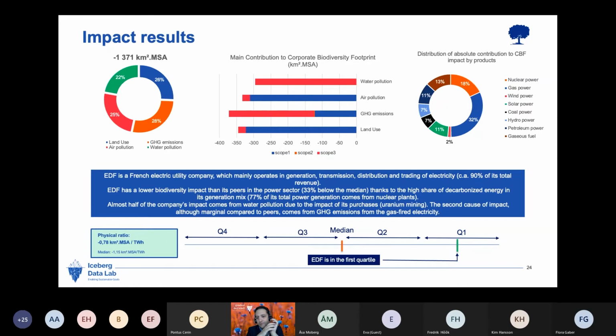What I want to share with you during this last minute is a use case. We have several different use cases. We have clients like CNP Assurance or SCOR, which for the first time last year published a first appraisal of the biodiversity footprint of their portfolio. We have another client which cannot be named, which is using our data set for engagement purposes. That is the case for the Asset Owner Association in Australia, for instance.